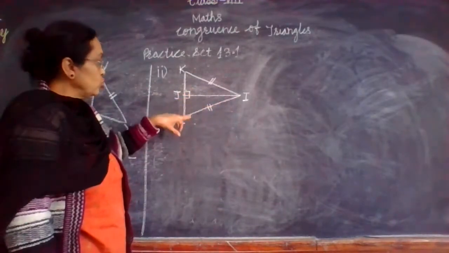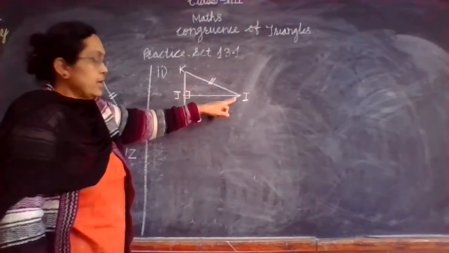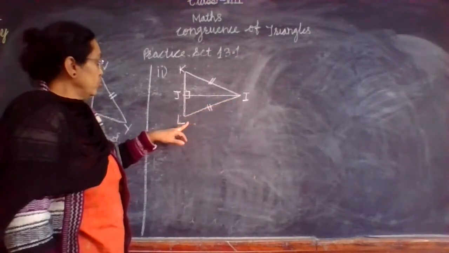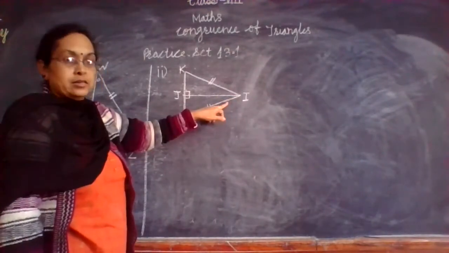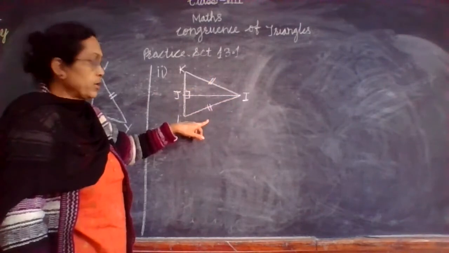Now, if we will see these two triangles, KI is congruent to LI. These sides are congruent. Okay.